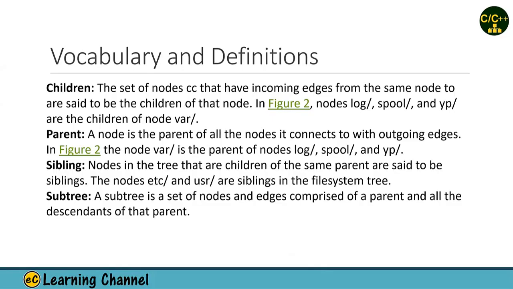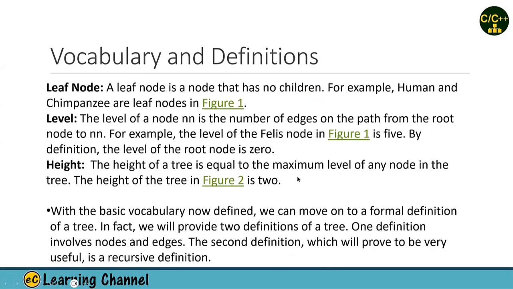Subtree is the tree under you. Leaf node we talked about. Level is how many steps it takes from your root to get to your point. And the deepest, maximum level, we call the height. This one actually is the height.